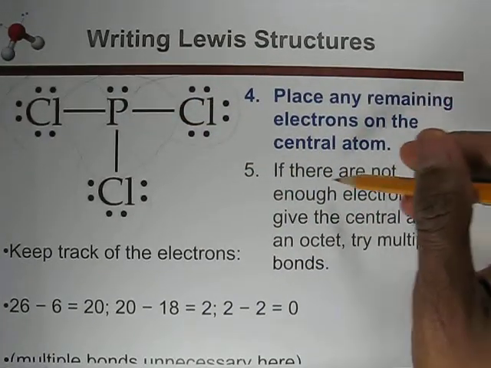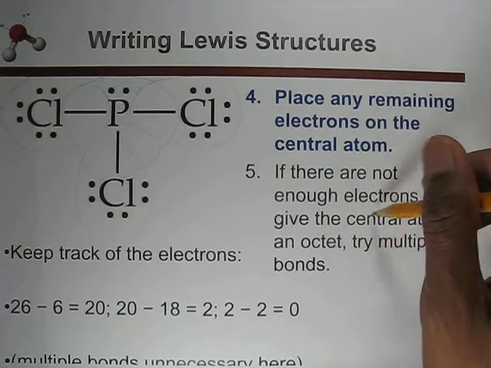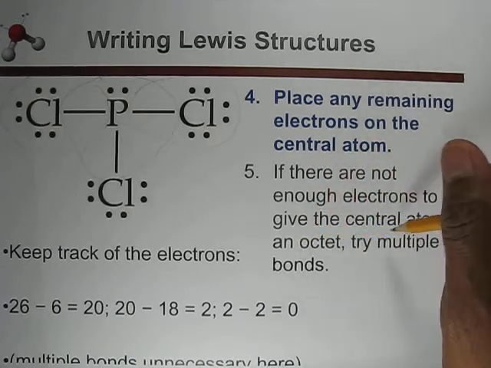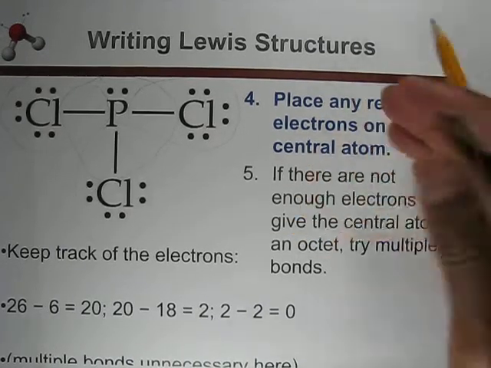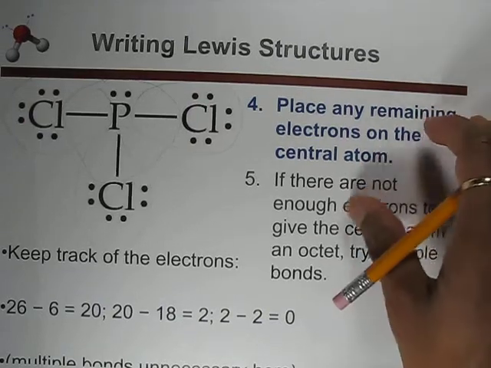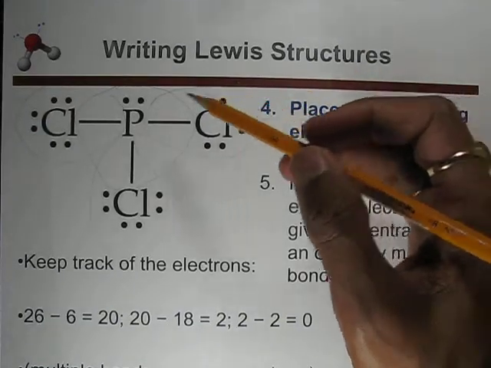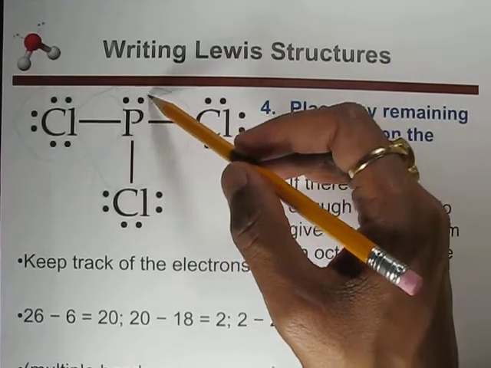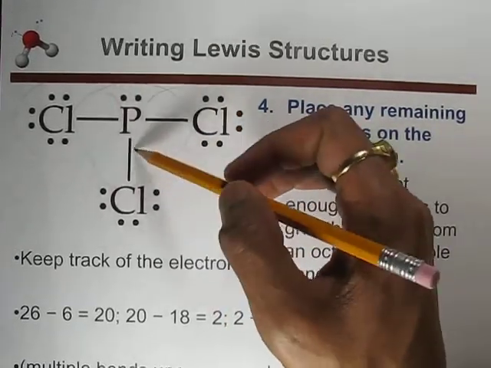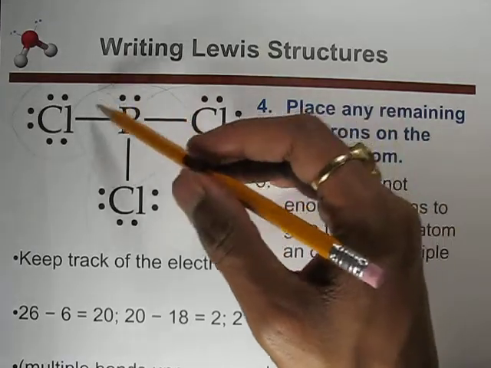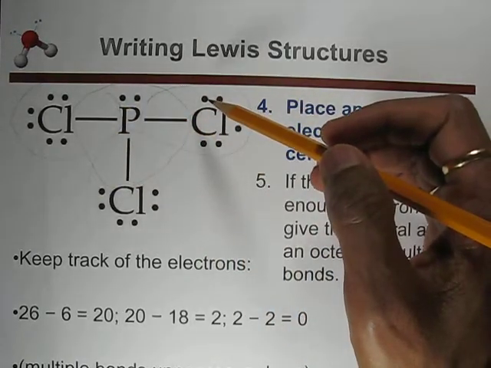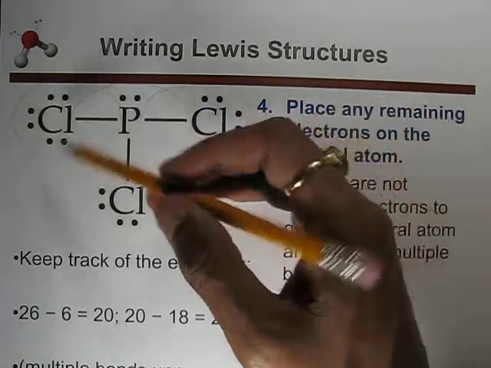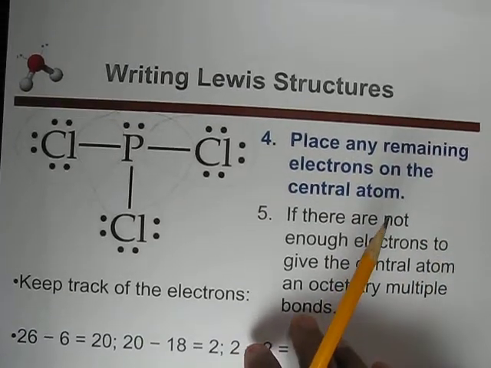If there are not enough electrons to give the central atom an octet, then we will try multiple bonds. That is another example we will study. Now we can count for phosphorus: 2, 3, 4, 5, 6, 7, 8. So phosphorus has 8 electrons, and each chlorine has 8 electrons. So this was one example.